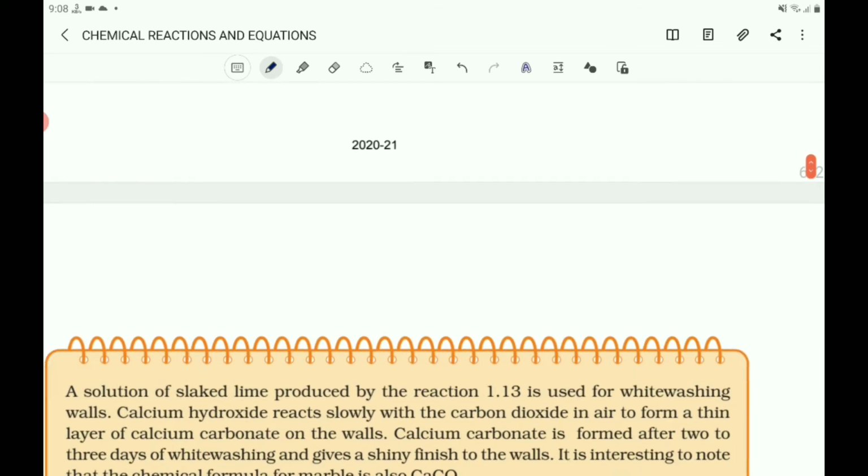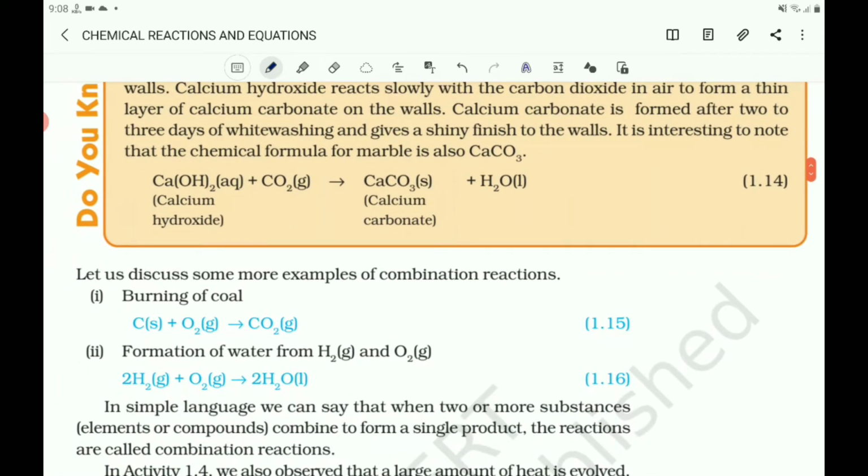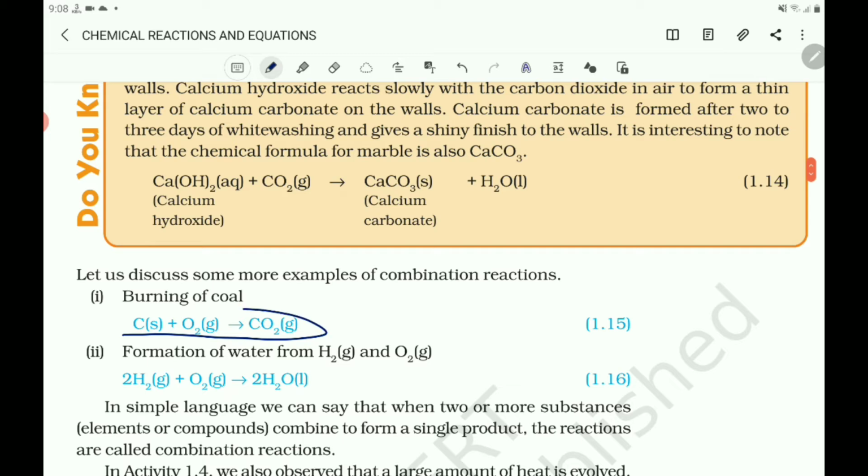So you take burning of coal. It is also one of the examples for chemical combination or combination reaction. Coal means carbon, which reacts with oxygen to form a single product, carbon dioxide.